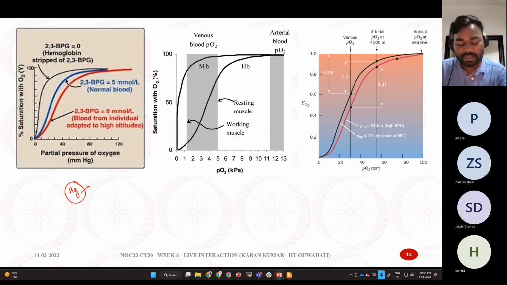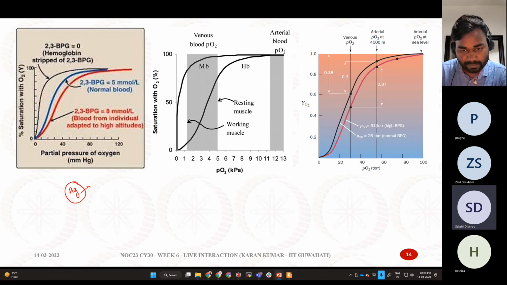So when the oxygen concentration in the surroundings is lower, what do you suggest? Will hemoglobin bind to the oxygen or not? Not bind to oxygen, because the body needs oxygen for respiration, for metabolizing and for generating energy, ATP, right?